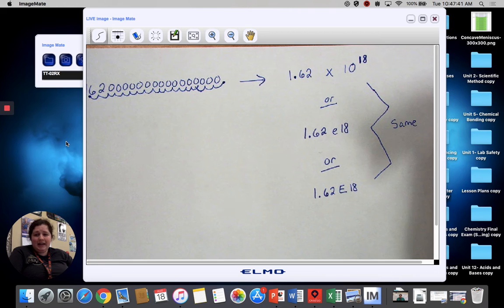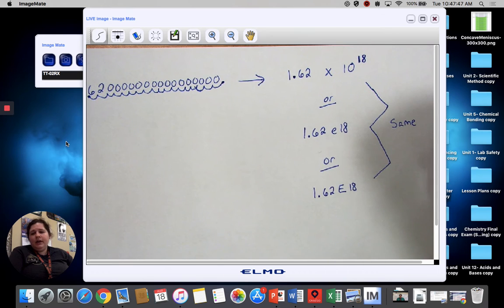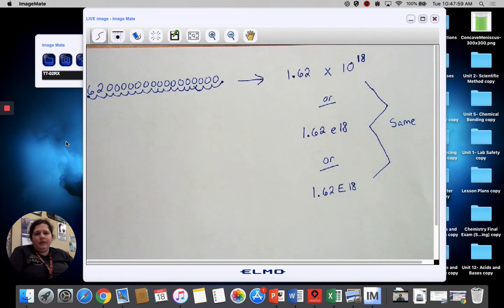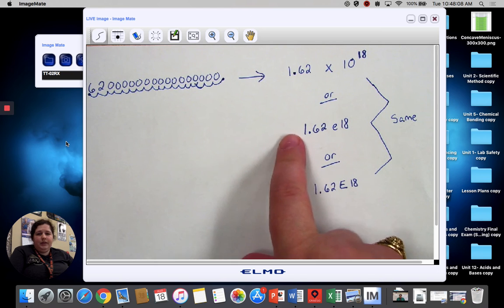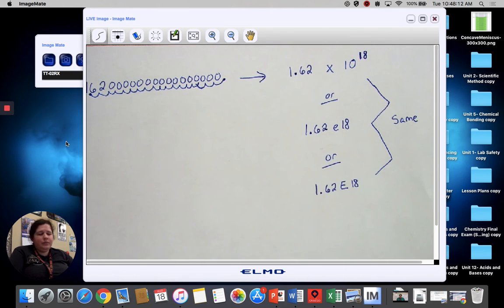Think of E as in exponent. Okay? Now, whether it's a capital E, lowercase e, I don't care. If the directions specifically say put a capital E or put a lowercase e, obviously follow that. Otherwise, it does not make a difference. It's just based on personal preference. Okay? So that's how you would write it in basically computer format as opposed to handwritten format.